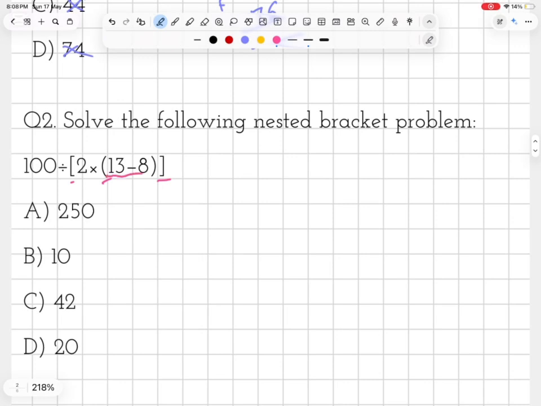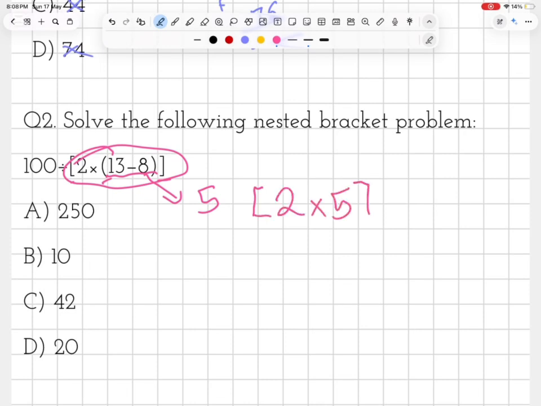So first let's solve our innermost brackets, aka the ordinary curved brackets, which give us 5. So once we've done that, in the square brackets we are left with the equation 2 multiplied by 5 divided by 100. Actually, not divided by 100.